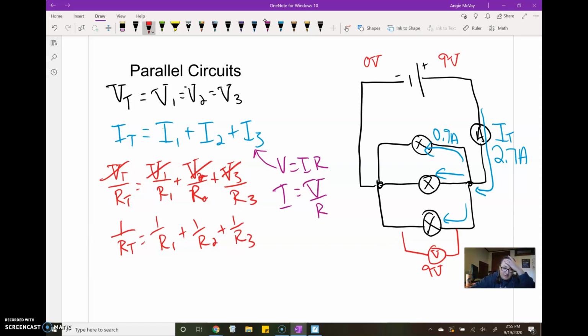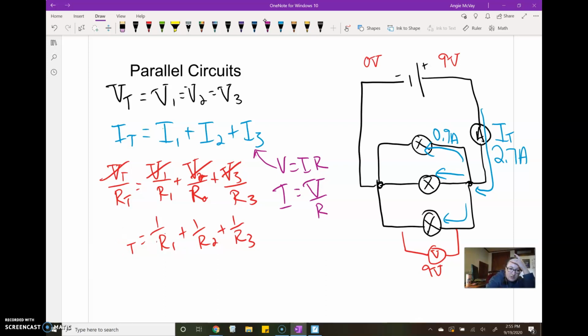Now here's the thing. Historically, students have a hard time using this equation. I know you guys are in fancy math, but still you can forget to do simple things. What we are saying here is that the inverse of the resistances added together equals the inverse of the total resistance. Oftentimes, to get the total resistance, people forget to take the inverse of their answer.